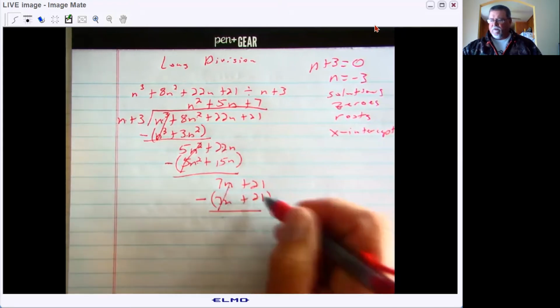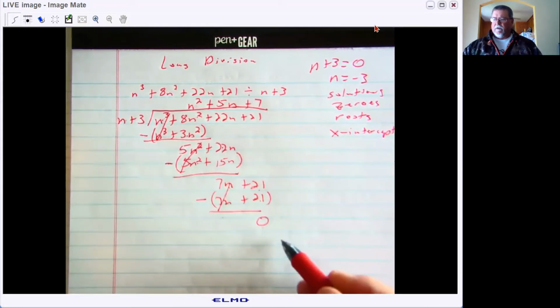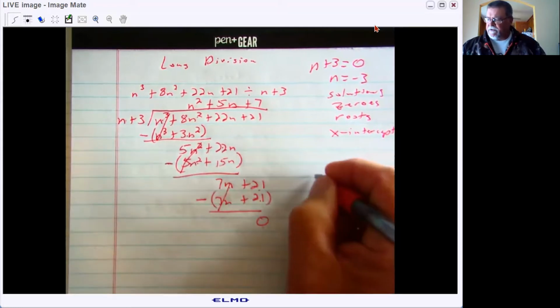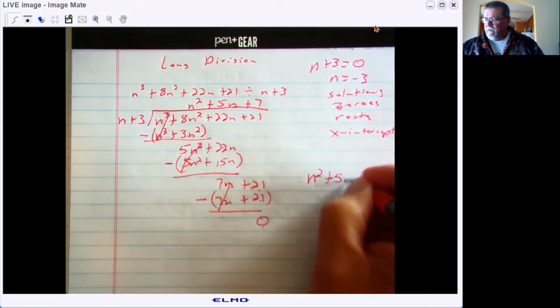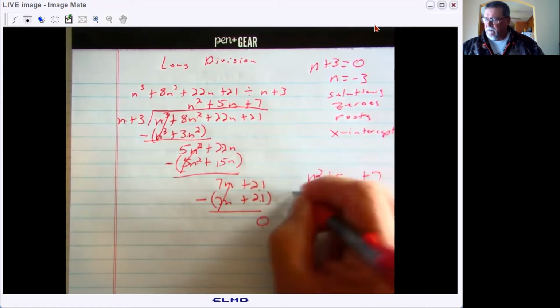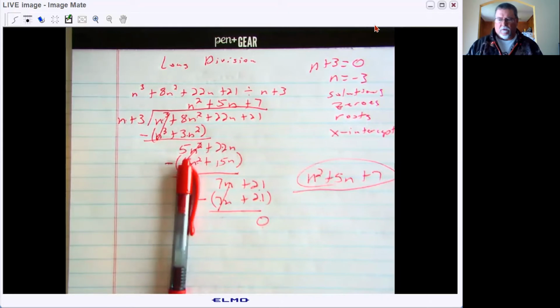Those are eliminated. 21 minus 21 is 0. This is my remainder. So that problem is done, and my quotient is n squared plus 5n plus 7. That's my quotient, okay?